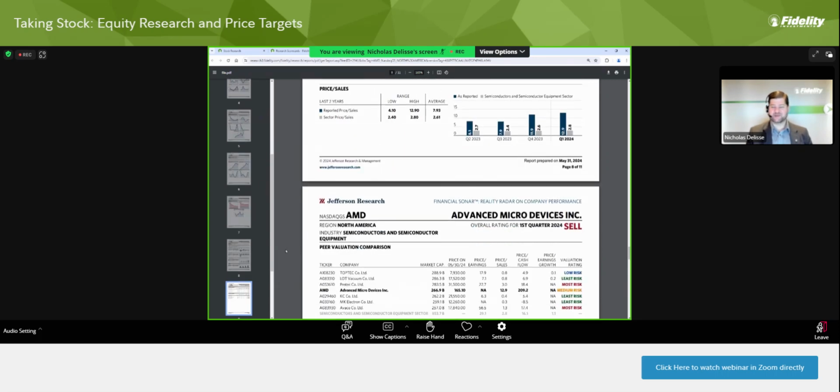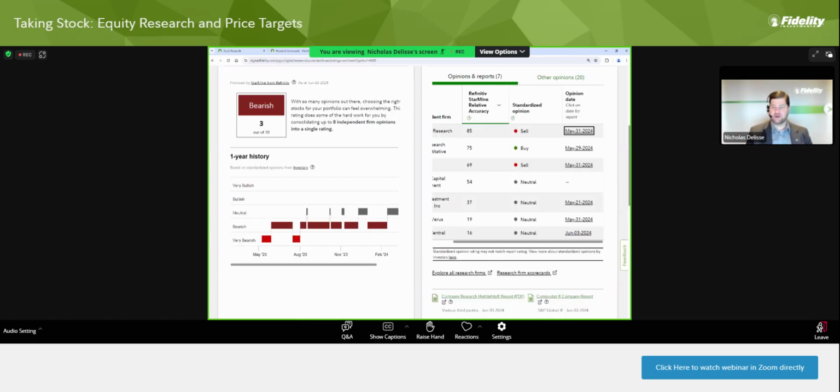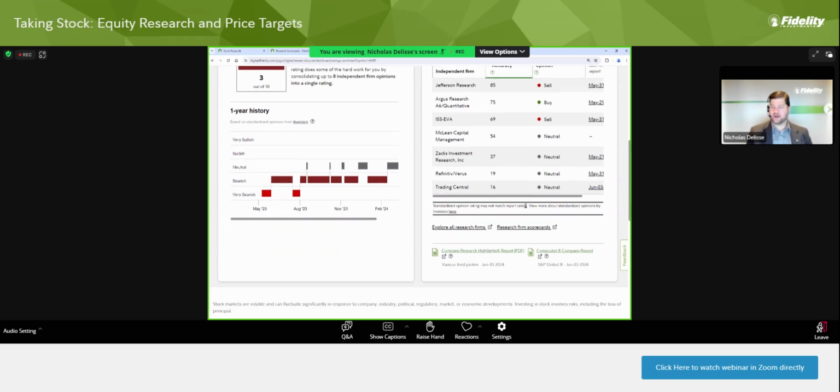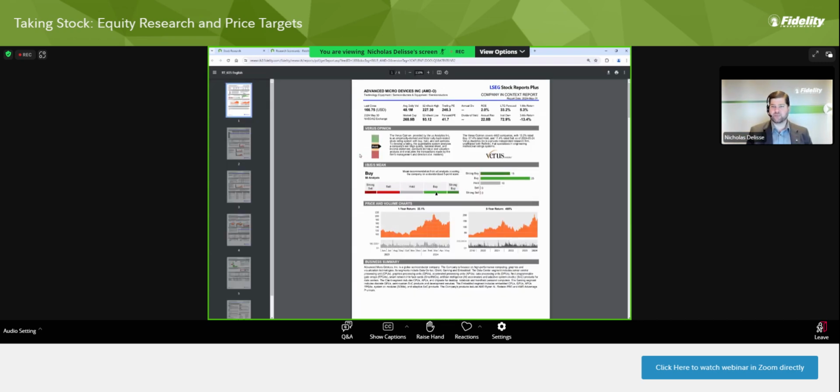And then getting back to some of the things that we talked about at the very beginning, the fundamental research and price targets. I do know, for example, if we come over here to, I do believe we're going to be looking at Refinitiv. Here, Jefferies is one. We'll have one quite commonly, Refinitiv. Everything will, of course, depend upon which security, because some of them will have price targets and some of them won't.